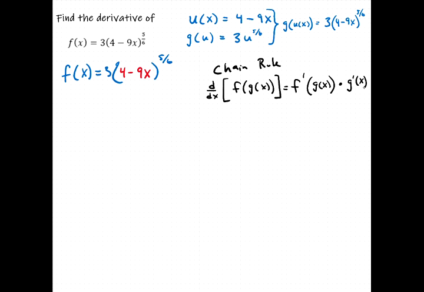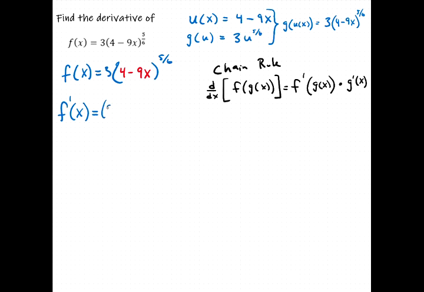Okay, so let's go ahead and apply the chain rule to this problem. So f prime of x is equal to, so the outer function is the 5/6 power. So the derivative rule for the outer function is the power rule. So power comes out front.